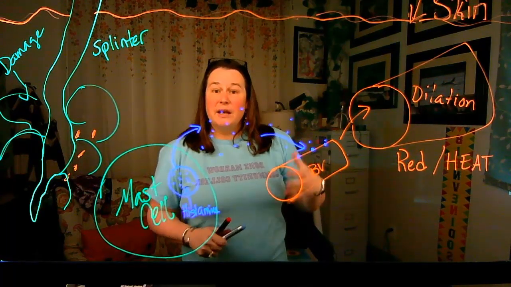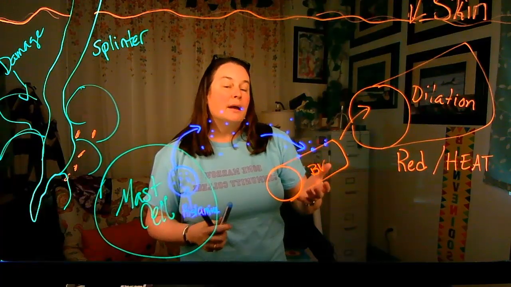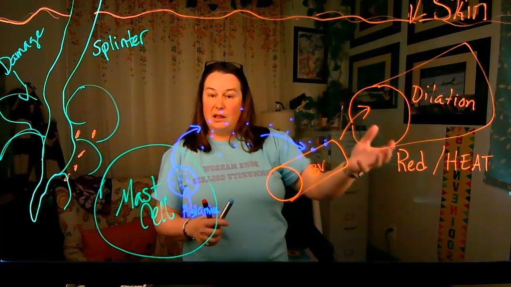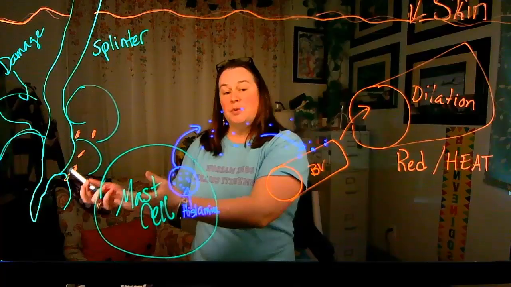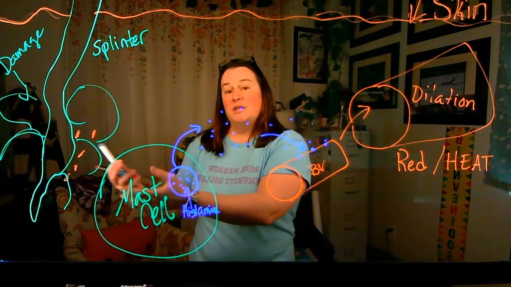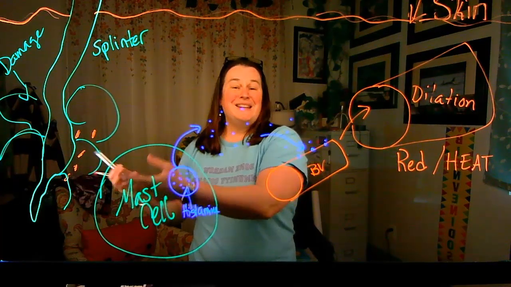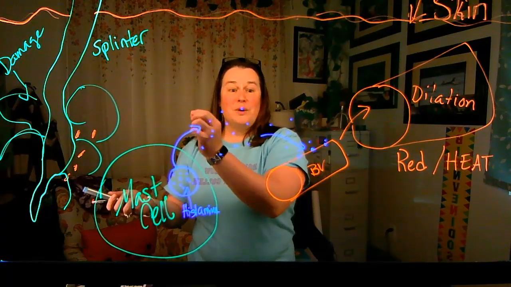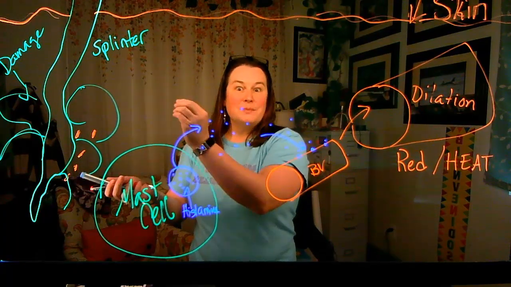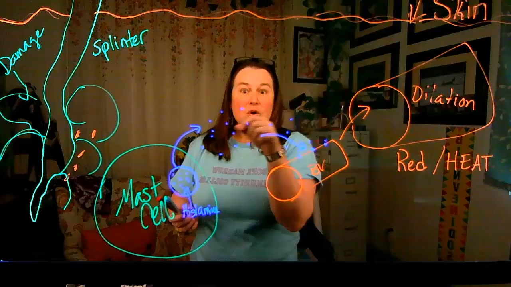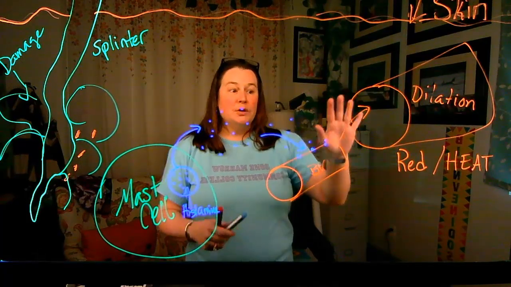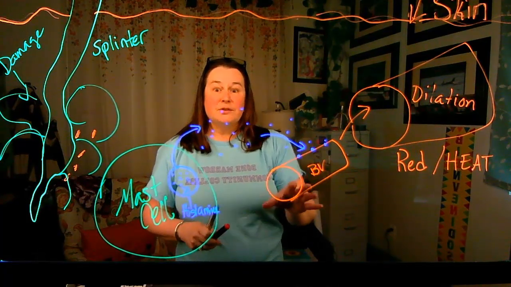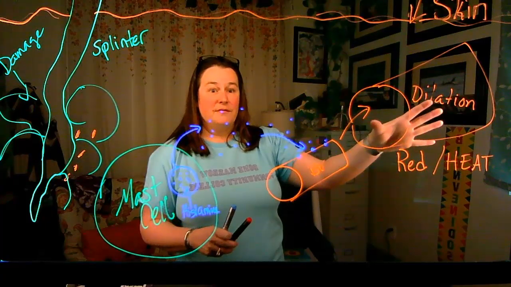And anytime I elevate the heat, just like warming up for exercise, I can support the cells over here that are going to be doing the mitotic divisions and replacing and healing themselves when that splinter is either ripped out or has moved its way out of the skin. So, blood vessels under the influence of histamine are going to vasodilate.